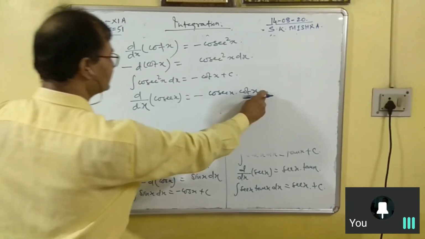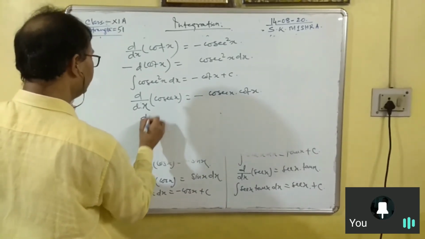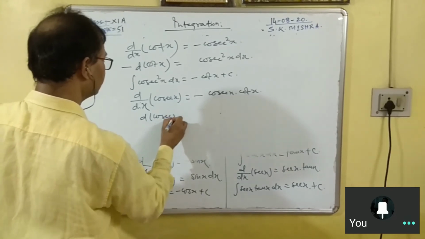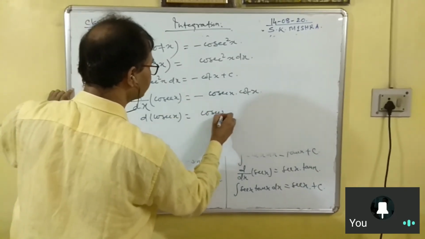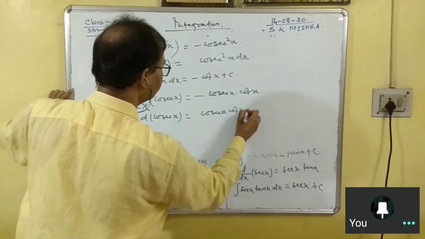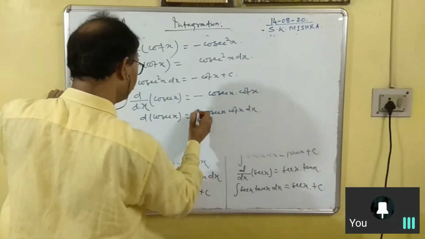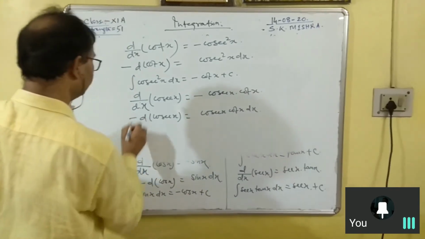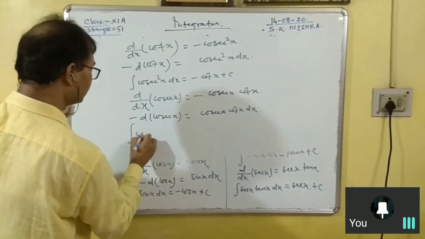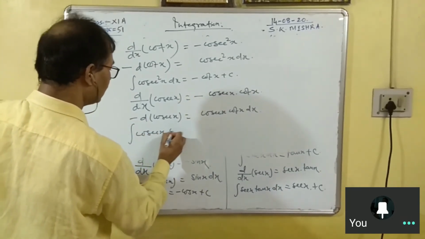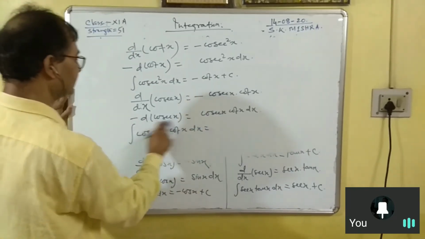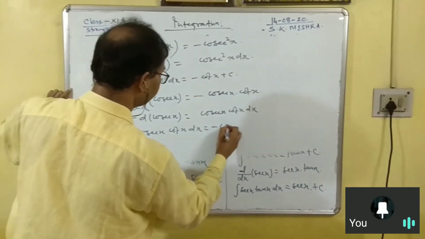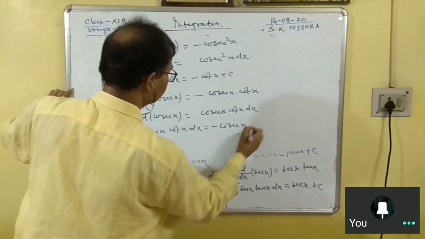Now dx is taken to this side. So d of cosec x is minus cosec x cot x dx. And if you put an integration here, then integration of cosec x cot x dx is negative of this one, that is negative cosec x plus some constant c.